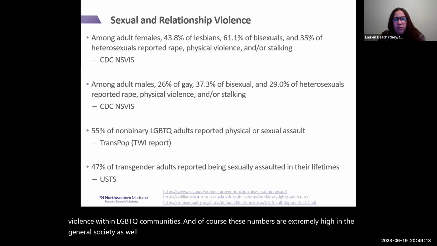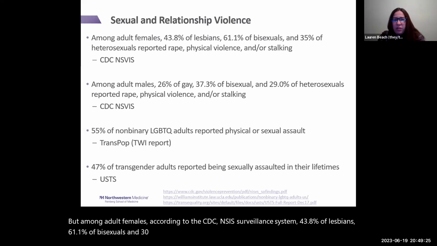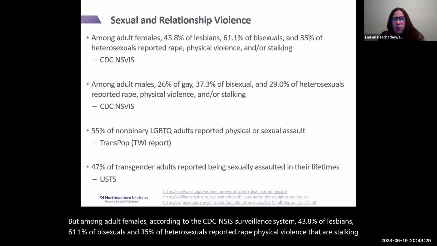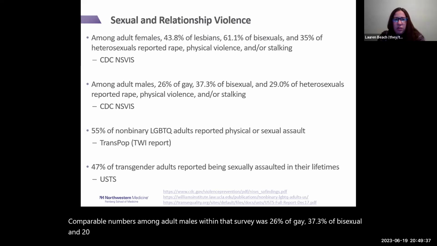But among adult females, according to the CDC's NISVS surveillance system, 43.8% of lesbians, 61.1% of bisexuals, and 35% of heterosexuals reported rape, physical violence, and/or stalking. Comparable numbers among adult males within that survey were 26% of gay, 37.3% of bisexual, and 29% of heterosexuals.